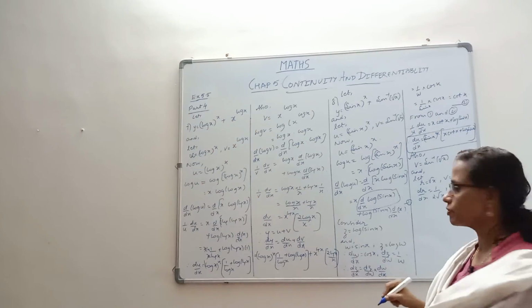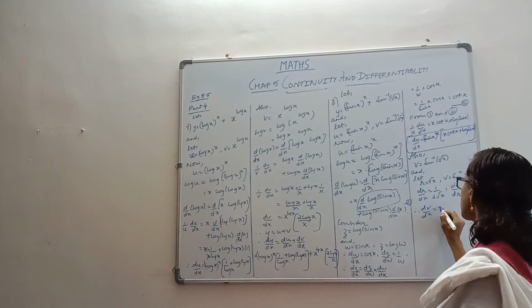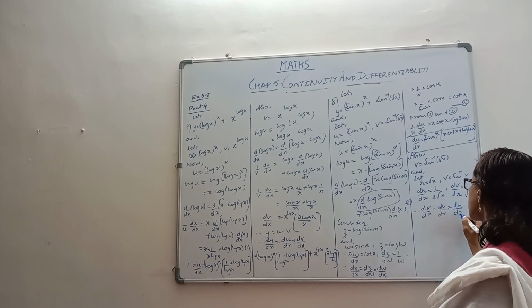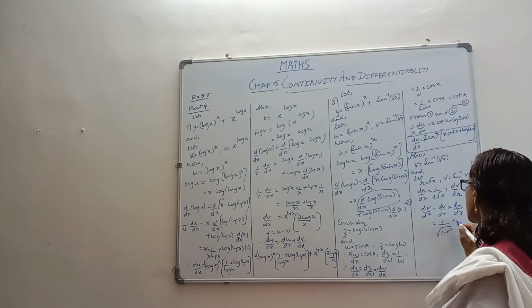We have learnt it. All this we have learnt. So we require dv by dx, which is dv by dr into dr by dx. dv by dr is 1 by root of 1 minus r squared and dr by dx is 1 by 2 root x.